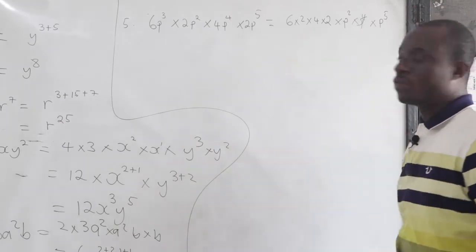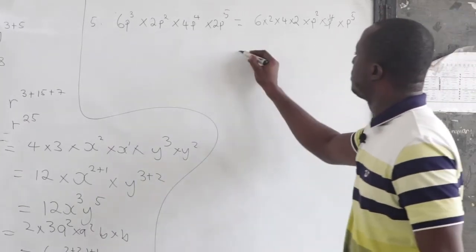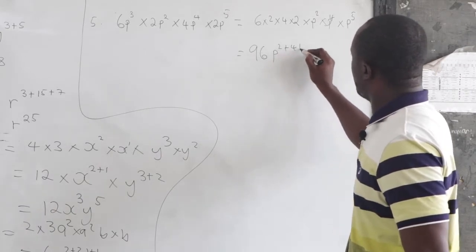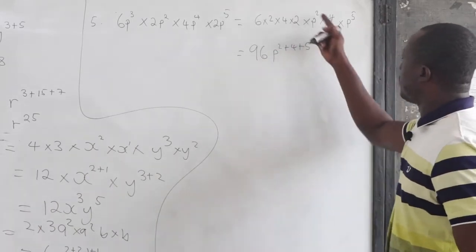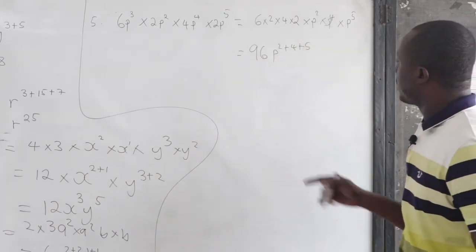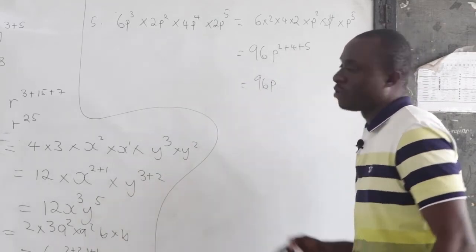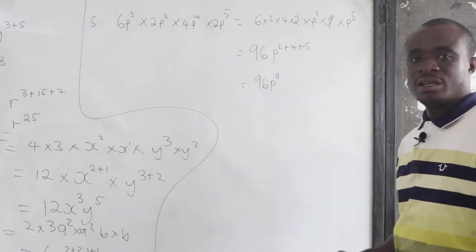Now 6 times 2 is 12, 12 times 4 is 48, 48 times 2 is 96. Now you have p to the power 3 plus 2 plus 4 plus 5. You are multiplying and the bases are the same, so we add the exponents. So here we have 96p to the power 14.